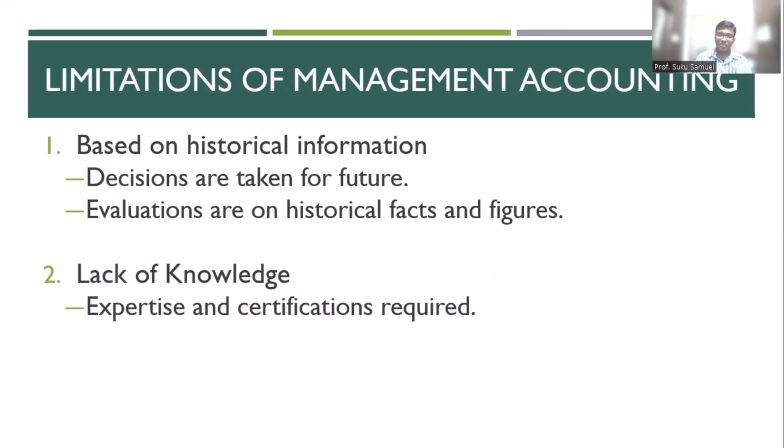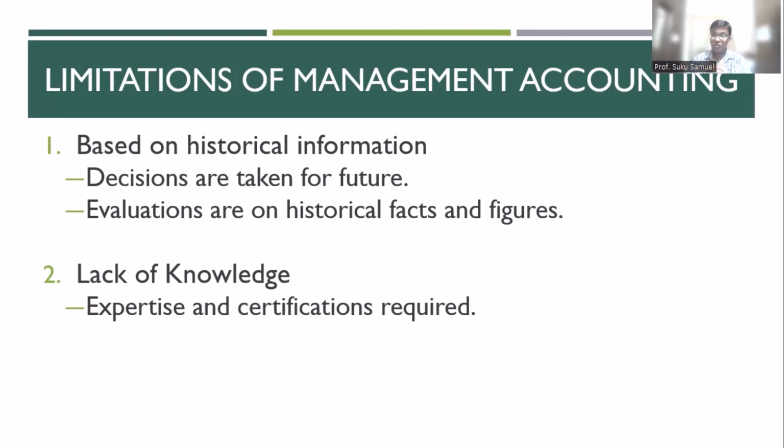Now let's talk about some of the limitations. What are the drawbacks? What are the problems of management accounting? The first problem is that it is based on historical information. What does that mean? Whenever you use management accounting, what really happens is that it is based on information of the past, historical information. What happened in the past?